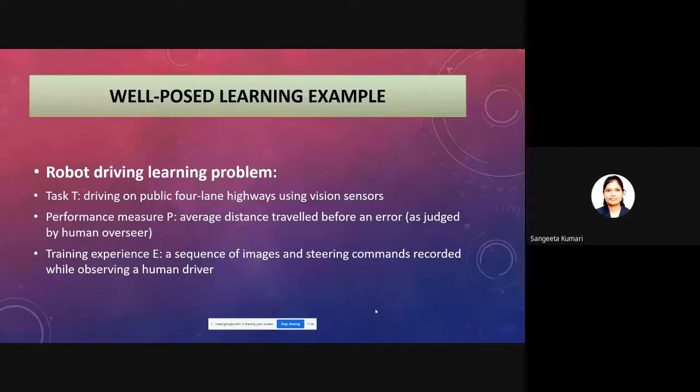So a sequence of images and various commands, what for a particular situation needs to be done, those would be the commands, right? So that is the training experience. Are you getting it, how a problem statement needs to be broken down as task, performance, and experience?